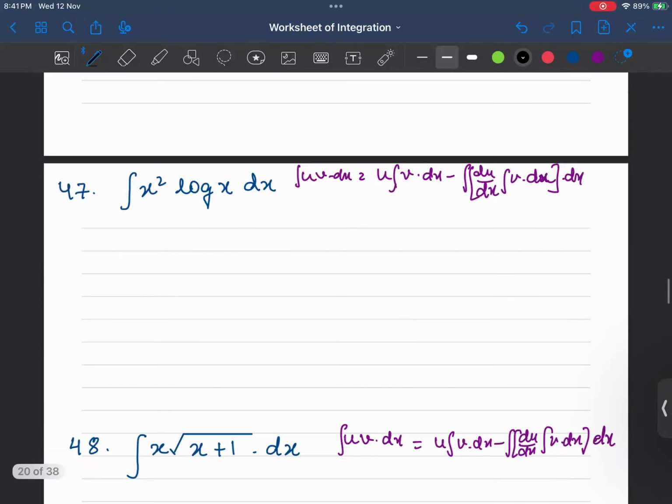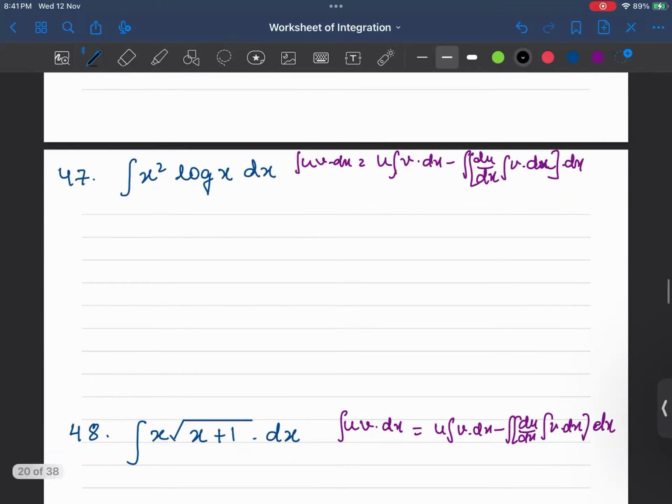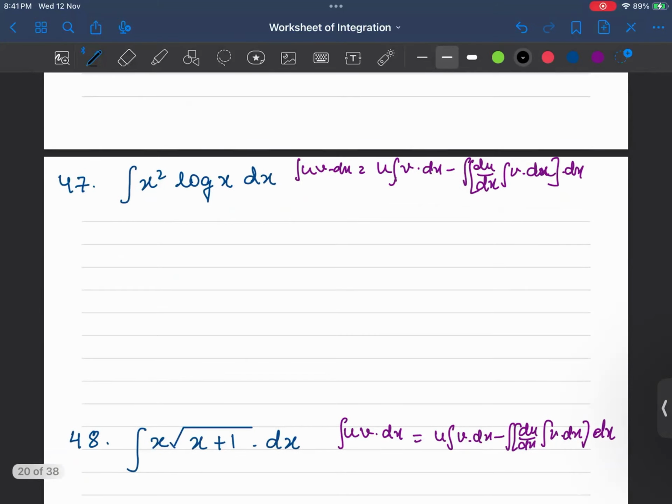x square log x dx. Again, we have to decide which one would be my first function and which the second function. As I just told you, we decide on the basis of LIATE: log, inverse, algebraic, trigonometric, exponential.